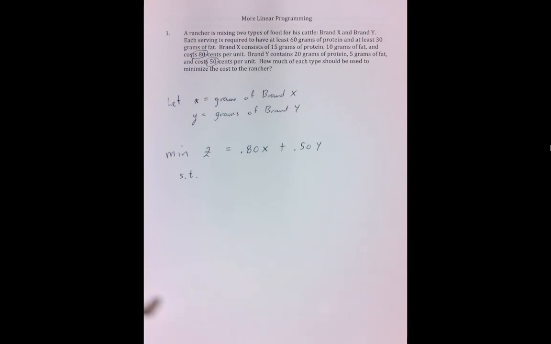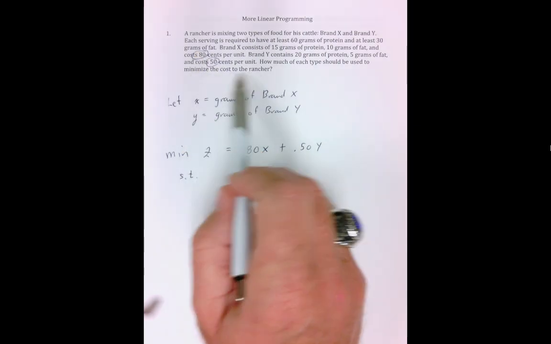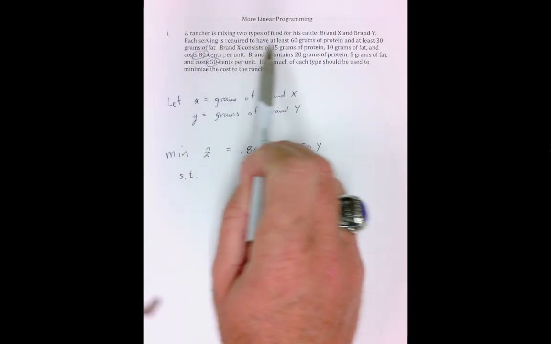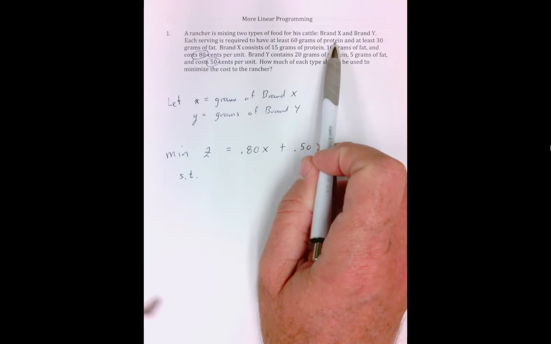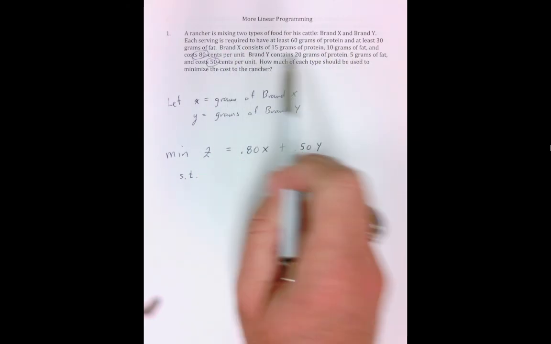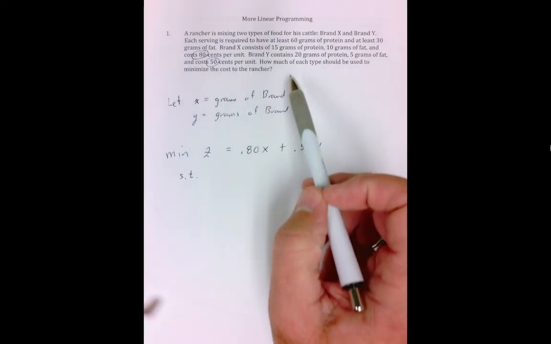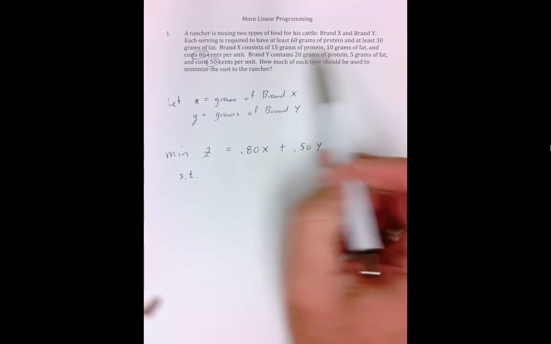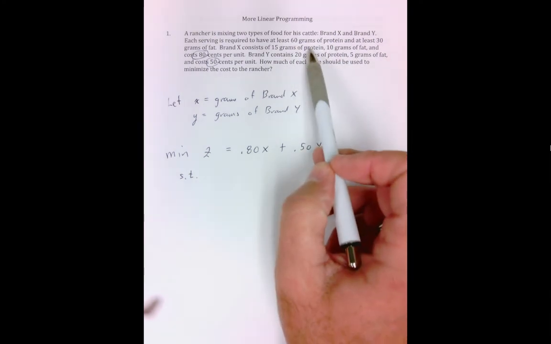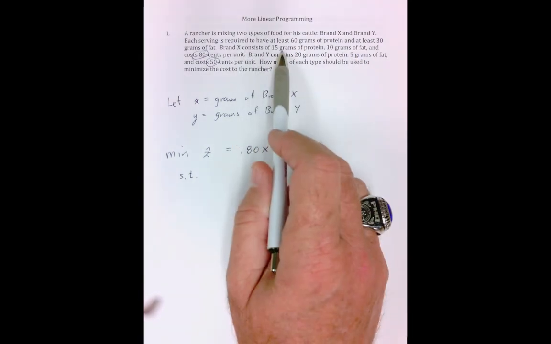Okay. Now it looks like each serving is comprised of protein and fat, and I get some protein and fat from brand X, and I get some protein and fat from brand Y. So I want to take, obviously, protein plus protein to get protein, and fat plus fat to get fat. So I'm getting 15 grams of protein.